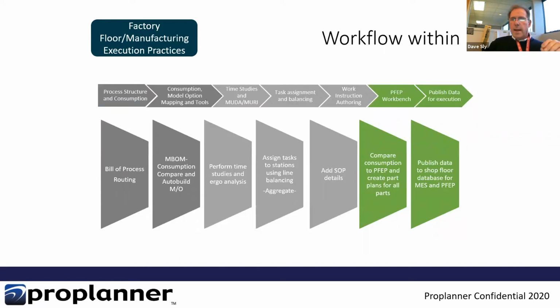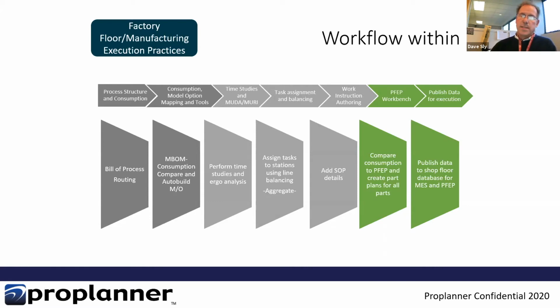When we look at a workflow of a manufacturing change order, what we're really saying is that we're going to start with this bill of process definition. We're going to identify these tasks in this routing and what parts they're going to consume, and thus how long those tasks take to put those parts on, what tools are required, what stations we want to do it in, and what work instructions we're going to need to author to describe how that happens.